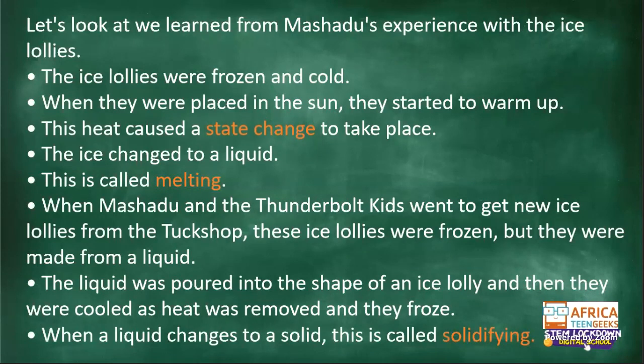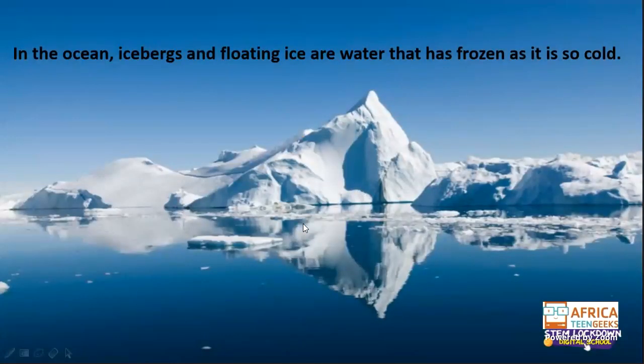So when a state change takes place and a solid is turned into a liquid, we call it melting. But the other way around, when a liquid changes to a solid because heat is taken away, it is called solidifying.